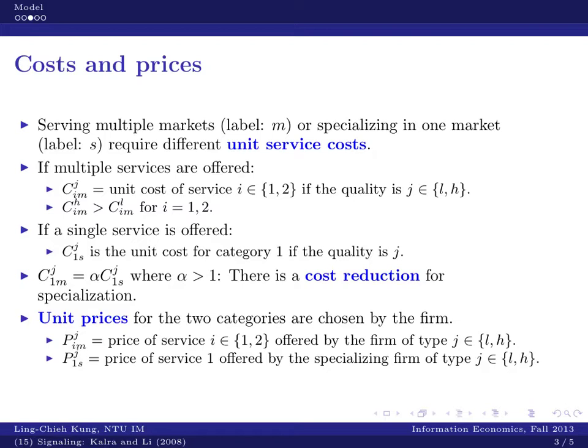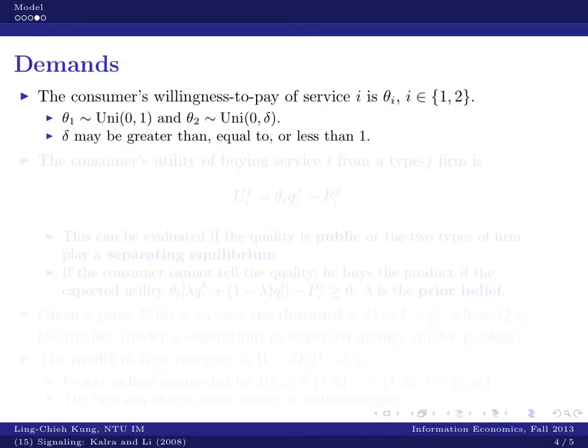So if I provide both services and I have quality either L or H, the price is typically called P_JIM. But if I only specialize in one service, then it will be called P_J1S as my price.